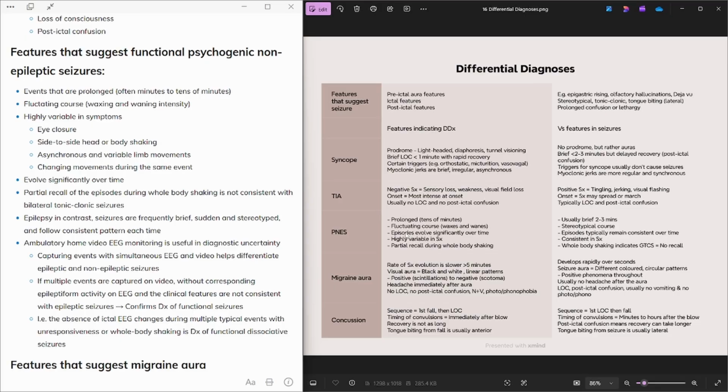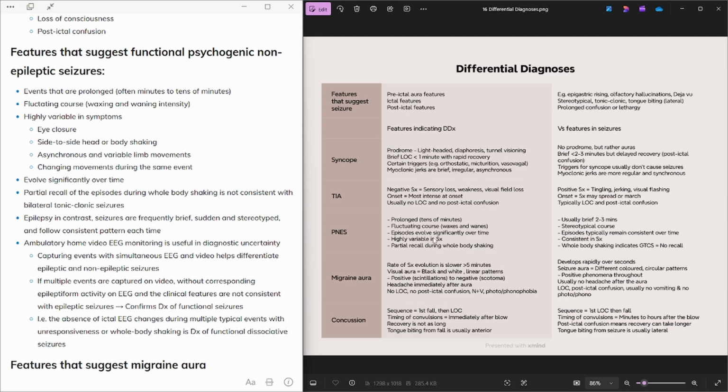The episodes for PNES evolve significantly over time, so one day they may have symptoms such as XYZ, and other days they may have symptoms ABC, and so it will change over time. Whereas in seizures, the episodes will typically remain consistent over time. ABC day 1, ABC day 2, ABC day 3.